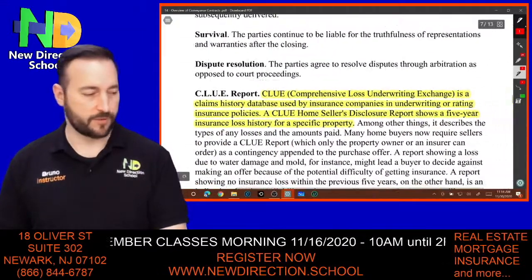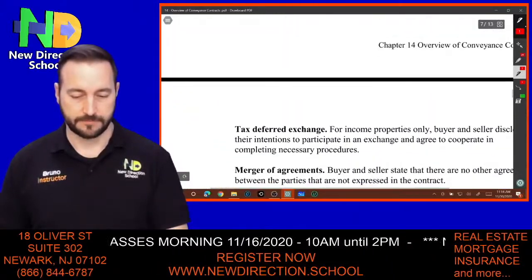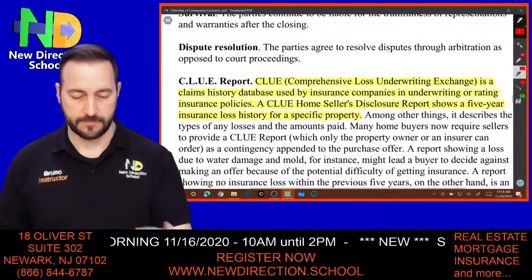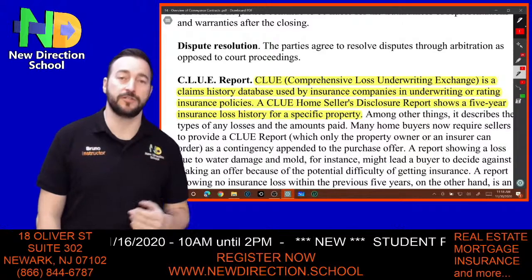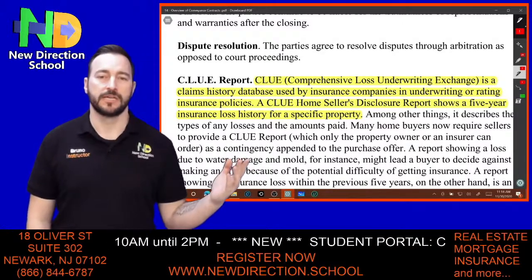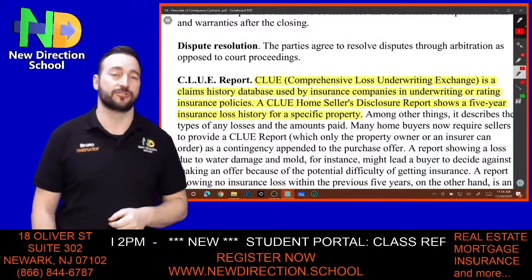And just a quick reference again, we're on page 200. Quick reference, during the transaction we need to pull a report. We don't do it, the insurance company will do it, but a report called CLUE, Comprehensive Loss Underwriting Exchange.